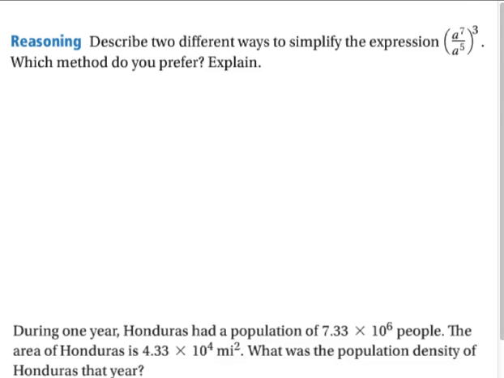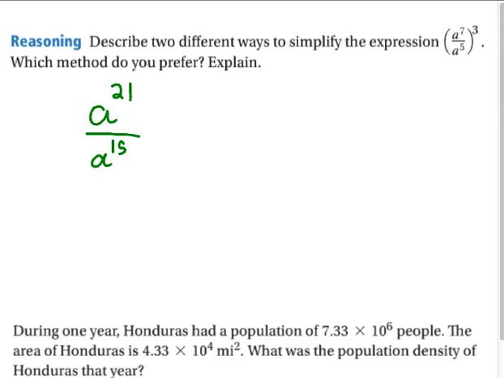All right, so speaking of different ways of solving these, I've kind of touched on this already, but describe 2 different ways to simplify that expression. So recall, there are 2 ways. I could apply that power of a power first. Okay, a to the 7 cubed, power of a power, multiply them to get 21. A to the 5 cubed, power of a power, multiplies to 15.